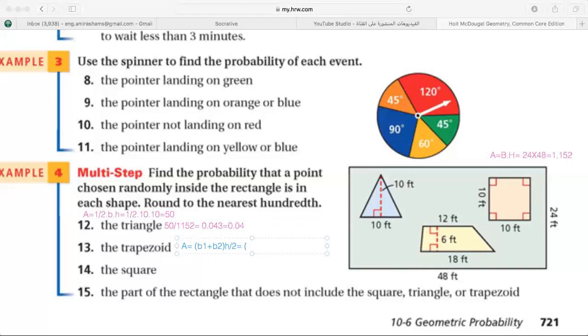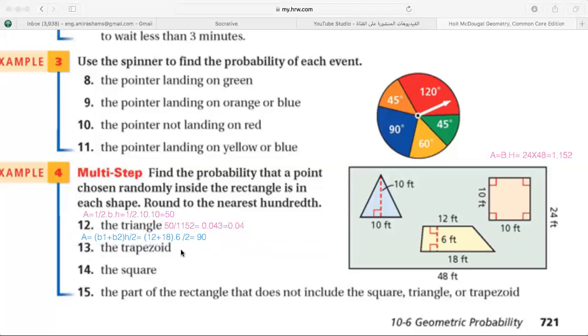So 12 plus 18 multiplied by 6 all over 2. Let's calculate it. 12 plus 18 is 30. 30 multiplied by 6 is 180. 180 divided by 2 is 90. So the area of the trapezoid is 90.